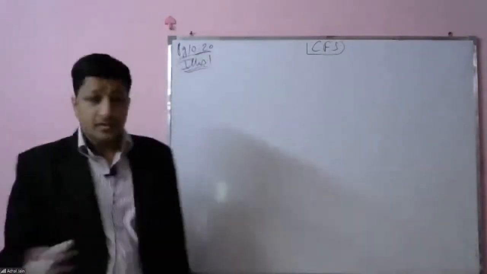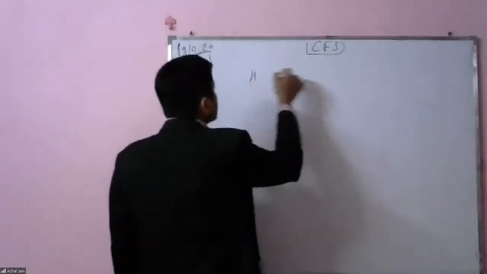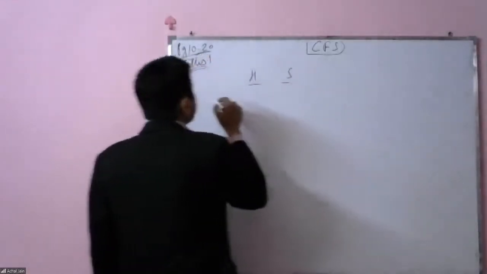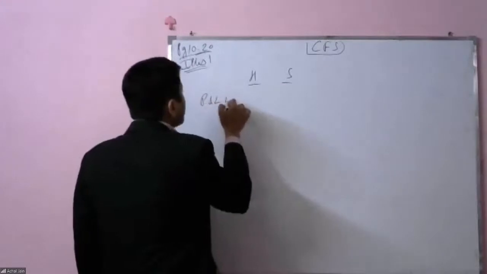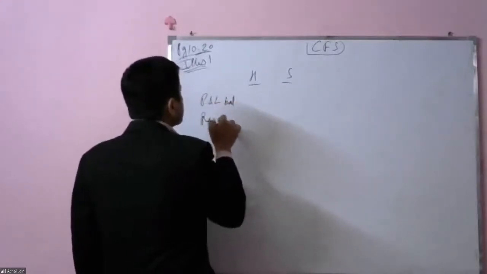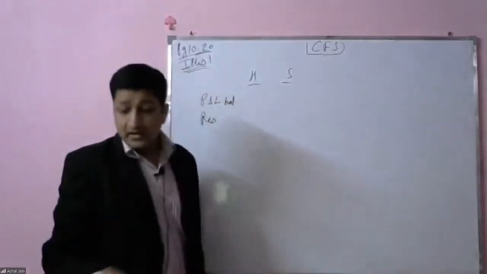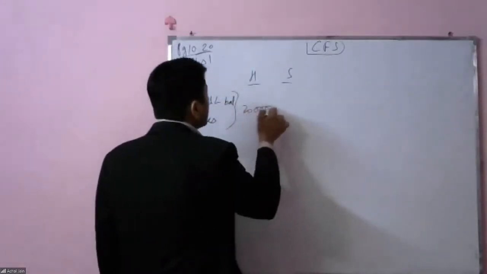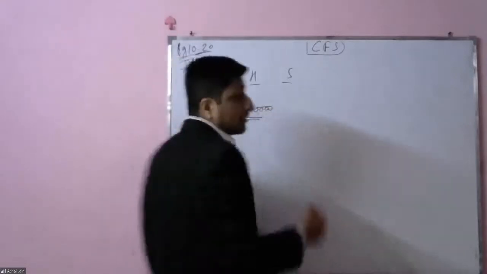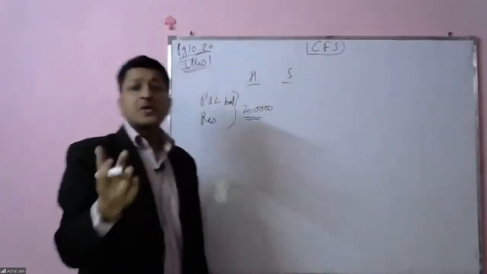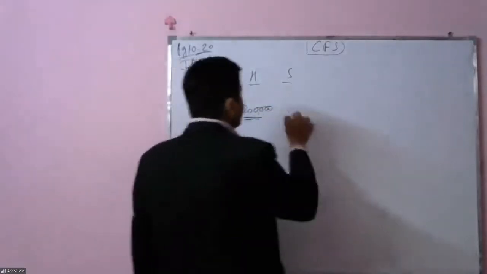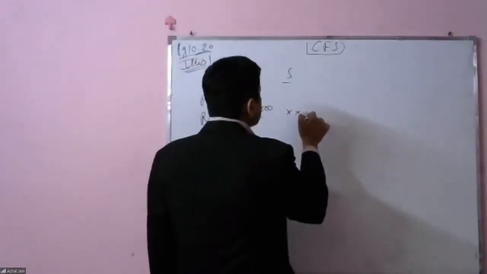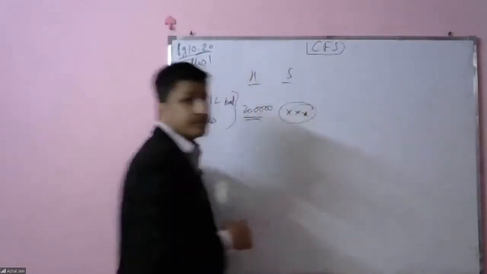Own P&L means there's a holding and there's a subsidiary. Holding will have some P&L balance and some reserves, so they are saying the holding's reserves are 2 lakh. And holding will also pick up a share of the subsidiary. So this is something we'll have to complete.